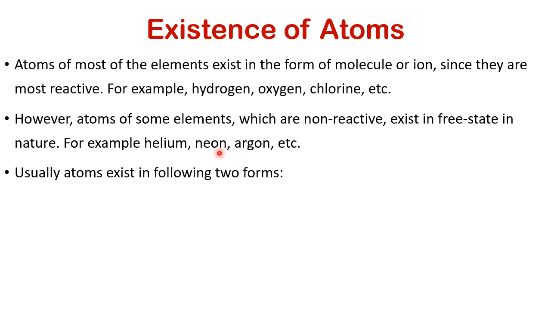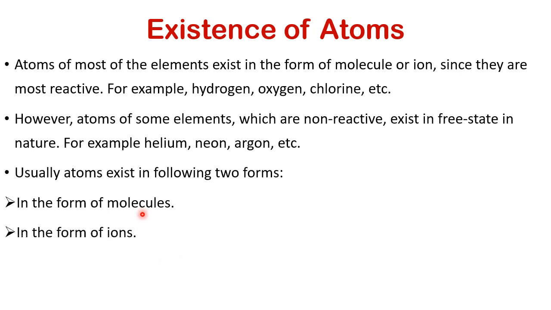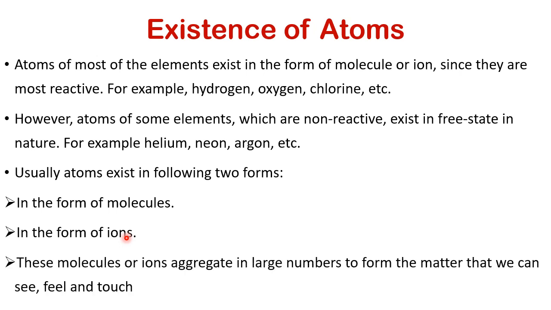Usually atoms occur in two forms, either in molecule form or in ion form. Here I made two separate points: in the form of molecules, in the form of ions. But you see the conclusion part? The conclusion is that these molecules or these ions aggregate. They come close and make a group in large numbers to form matter. So when molecules come close, ions come close, big matter is formed that we can see, feel and touch.